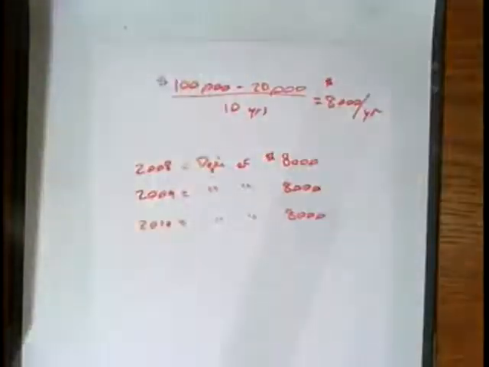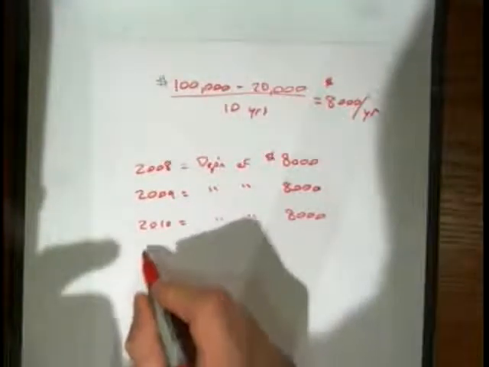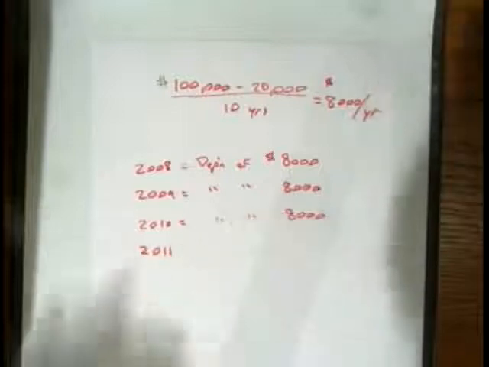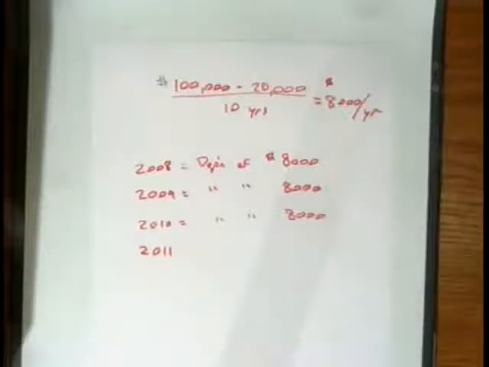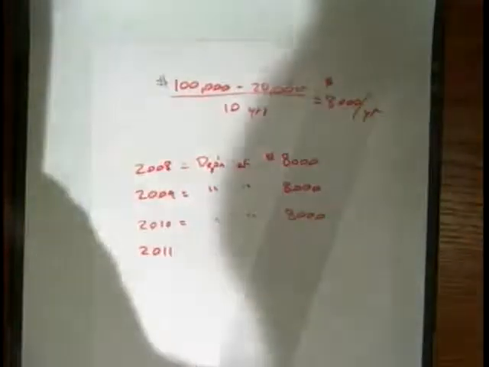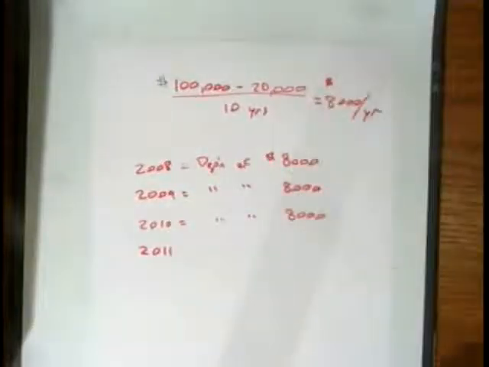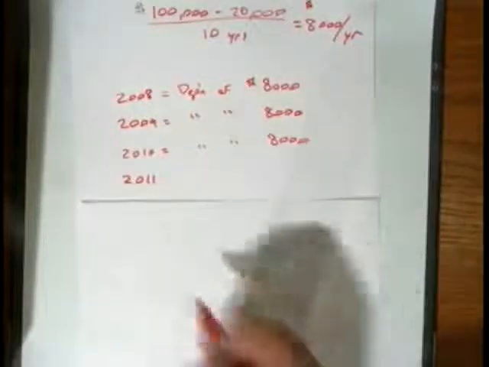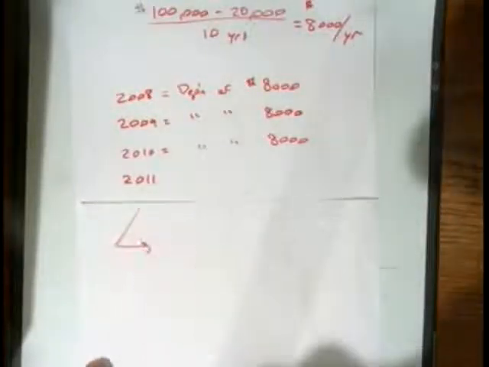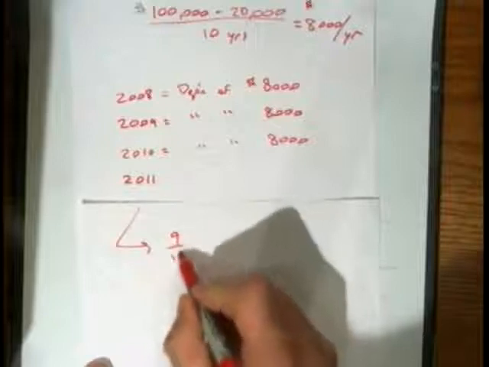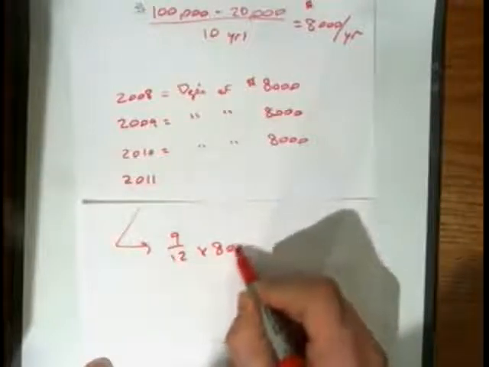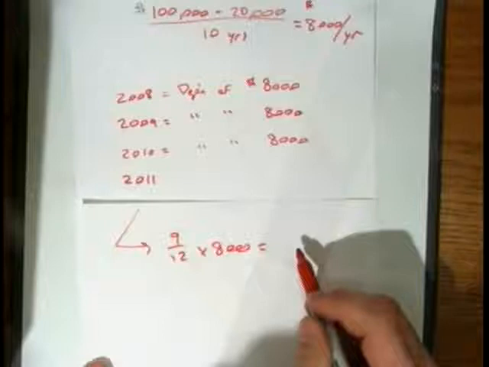So now we have to go ahead and figure out depreciation for 2011. That's the first of the 5 steps, correct? Is to depreciate up to the date of disposal. And I think it says we're disposing of this on September 30th of 2011. So how many months depreciation is that? 9. So for 2011, we're going to take 9/12 times 8,000, which is what? 6,000?